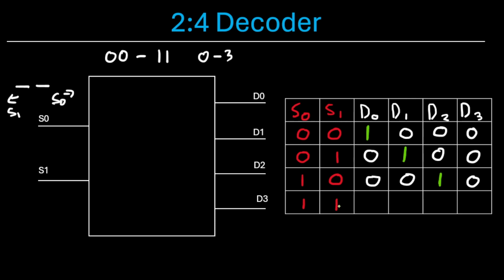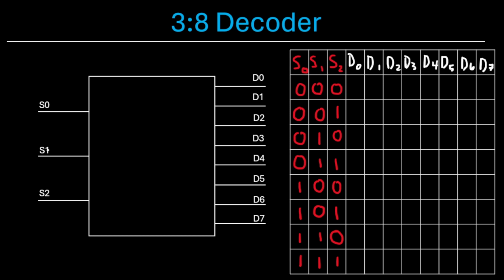Okay? And lastly, if we input 1, 1, or 3, D3 should be on, and all the other decimal output pins should be off. Okay? Now hopefully you're starting to see a trend here.